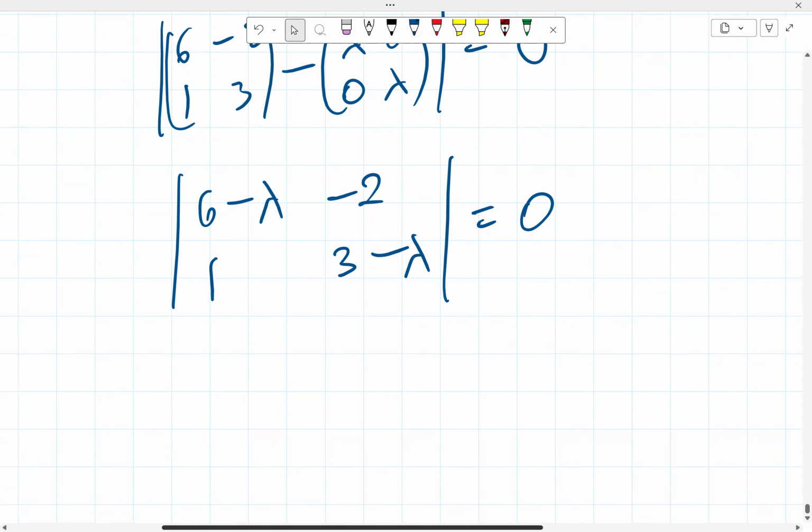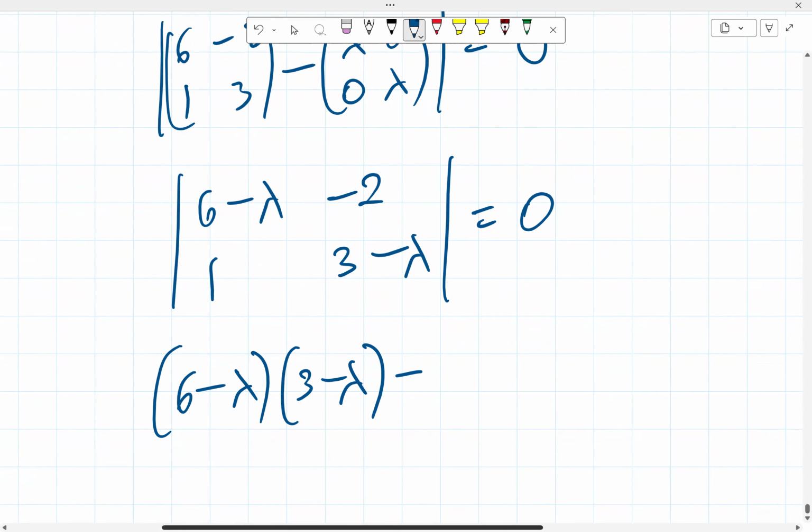So we find the determinant. That's (6 minus lambda)(3 minus lambda) minus (1)(-2) equals 0. That's this times this minus this times this.